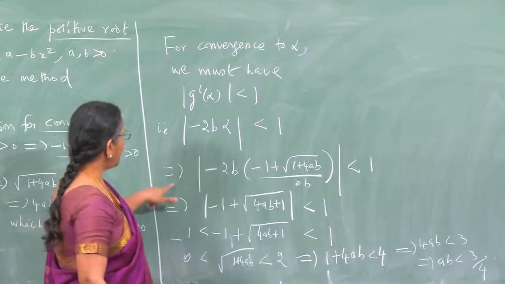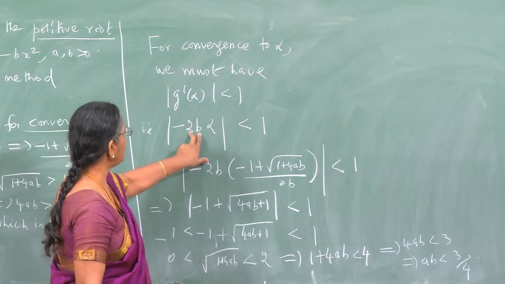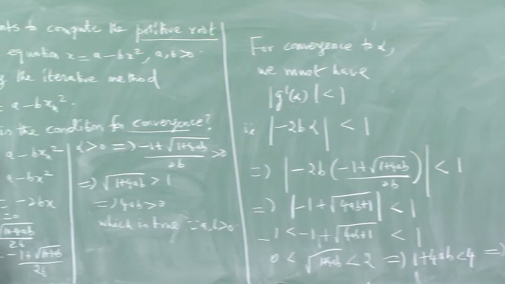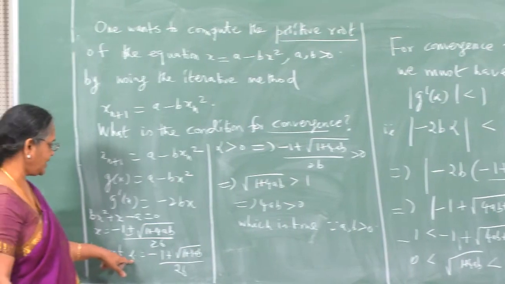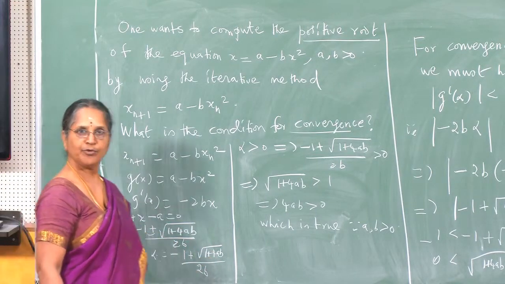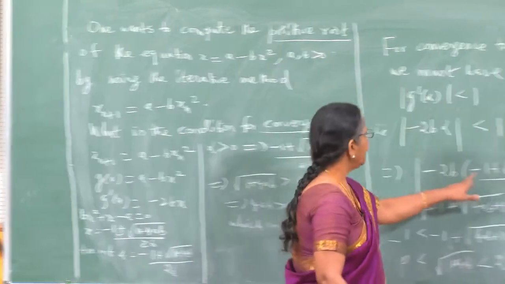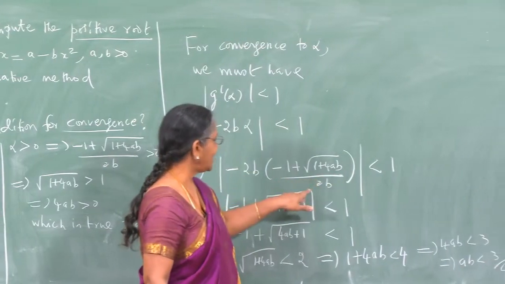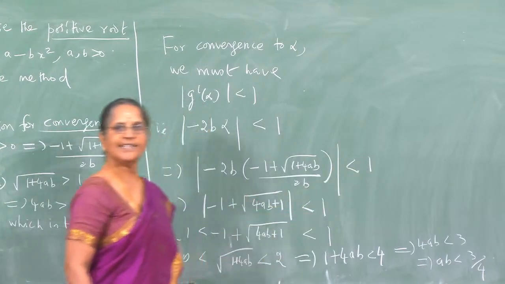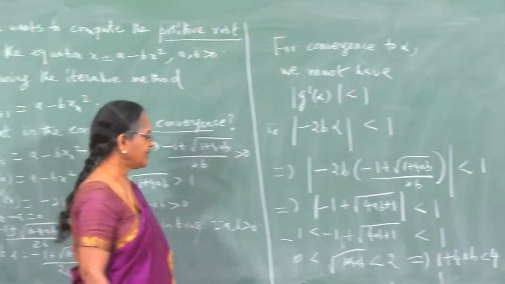So, this implies modulus of minus 2b into, we already have shown that the positive root is given by minus 1 plus root of 1 plus 4ab by 2b. So, we substitute for alpha as that, and we must have absolute value of this to be less than 1 for convergence.